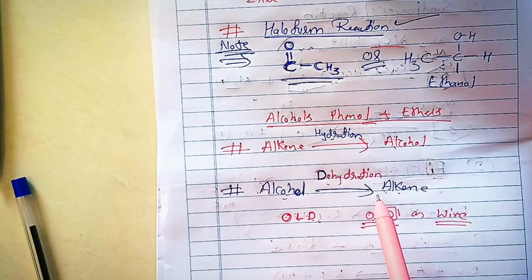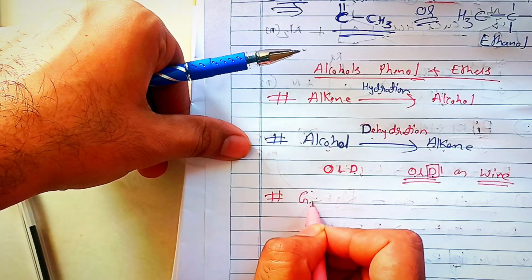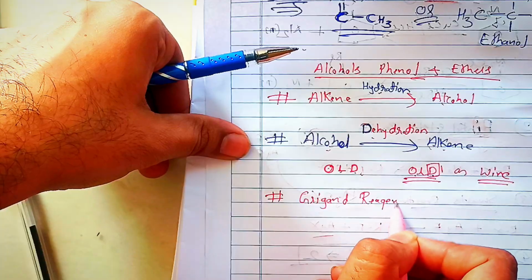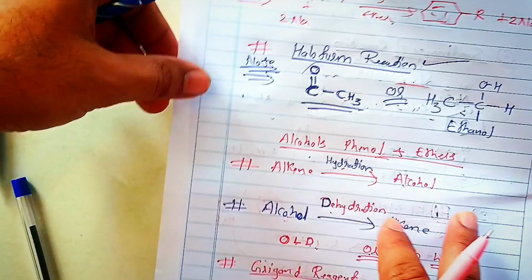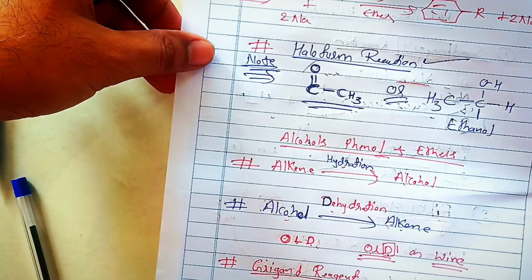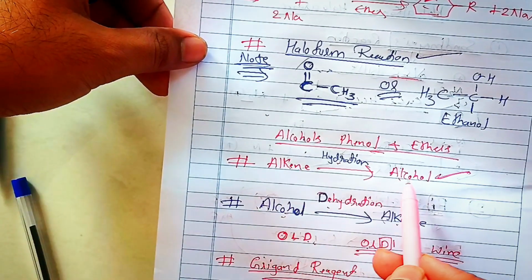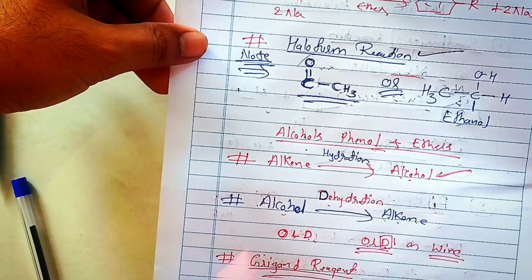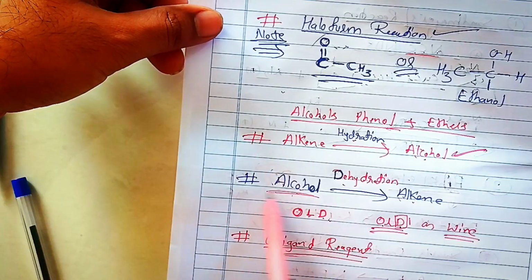the alkenes. Then another important one will be the Grignard reagent. Here again I will tell that I already told you previously, this is the preparation of alcohols. See here, alcohol will be the product, meaning one product will be confirmed, and this will be the reaction with alcohol, meaning the alcohol is on the reactant side.